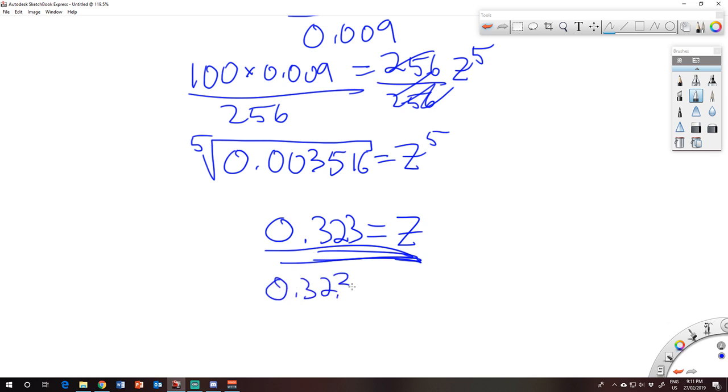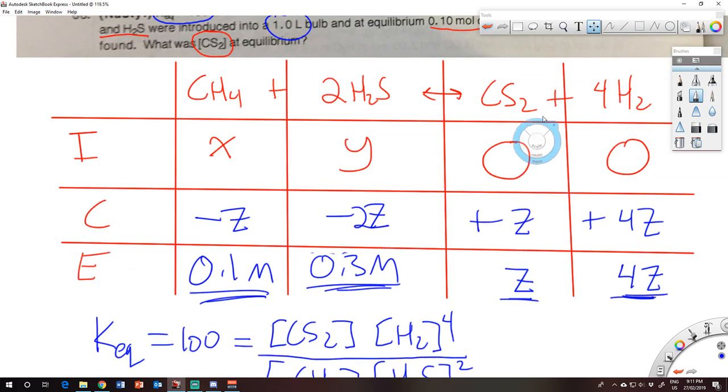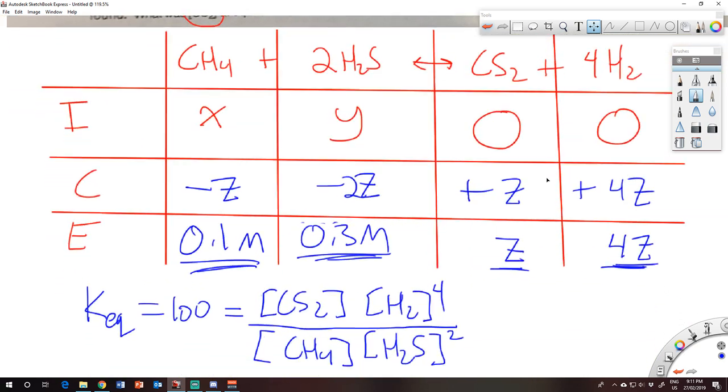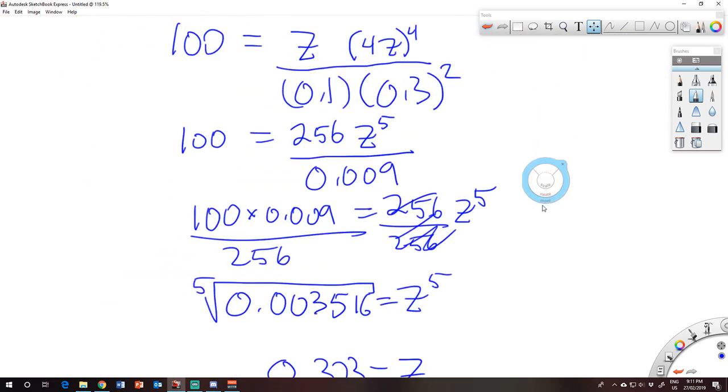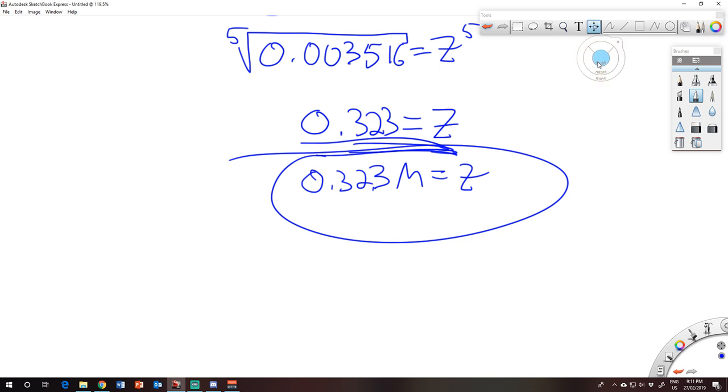It's a 1 liter container, so it doesn't matter. Molar. Alright, now what was the question asking us again? The question was asking us what concentration of CS2 at equilibrium. CS2 is Z, so there we go. There's our answer. This is the concentration of CS2. Alright, there we go.